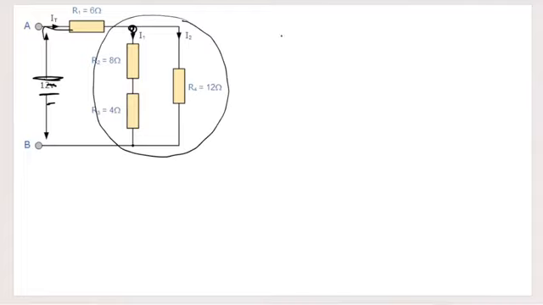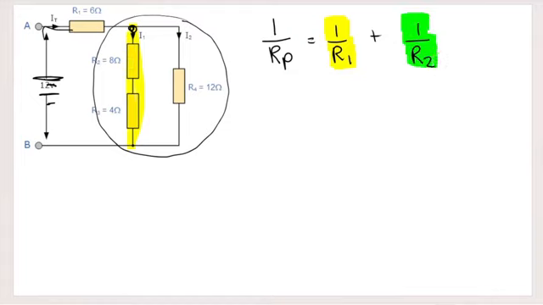So to work out the resistance in parallel, you go 1 over RP equals 1 over R1 plus 1 over R2. Now what people forget is that R1 refers to a branch, and R2 refers to this branch.